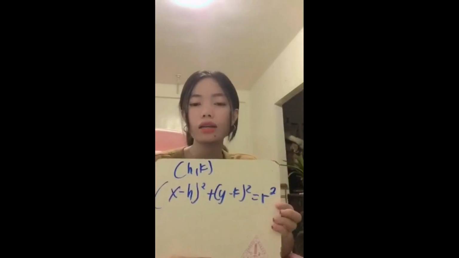So the equation of a circle with center (h, k) and radius r would be (x minus h) raised to 2 plus (y minus k) raised to 2 is equal to r raised to 2.